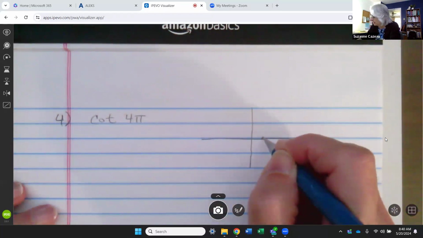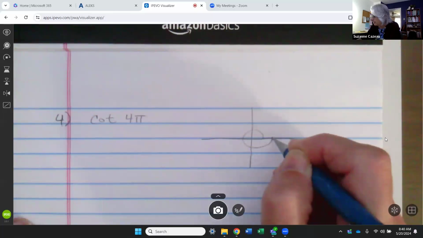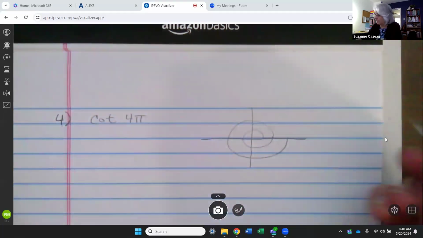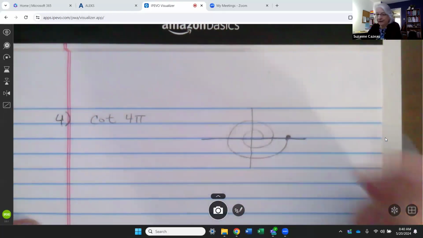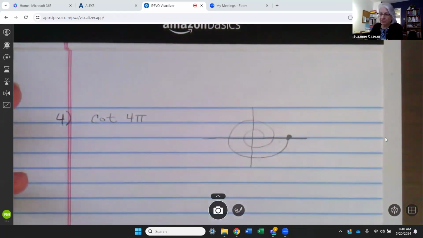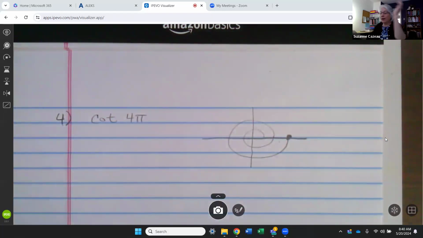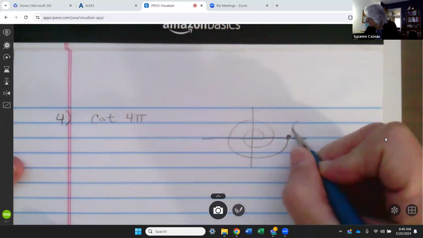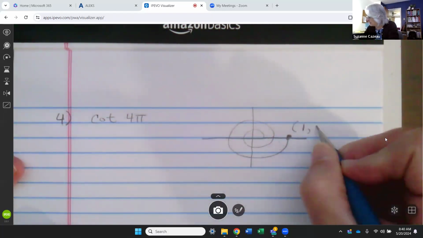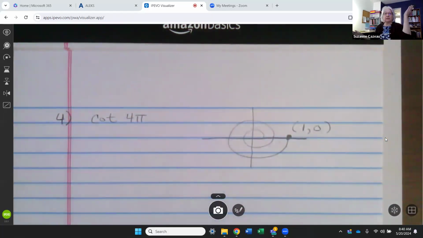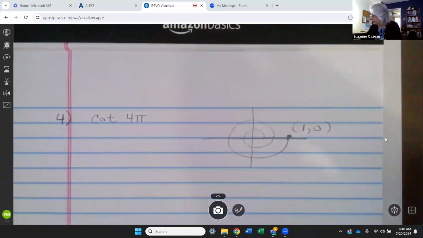So where do you land? Here's 2 pi, and then here's 4 pi, right? So where are you landing? You're landing right here on the positive x-axis. So it's quadrantal. It doesn't land in any quadrant. But it lands right here, and what's that ordered pair? Well, this is 1 on the x and 0 on the y. So there's your ordered pair, right?